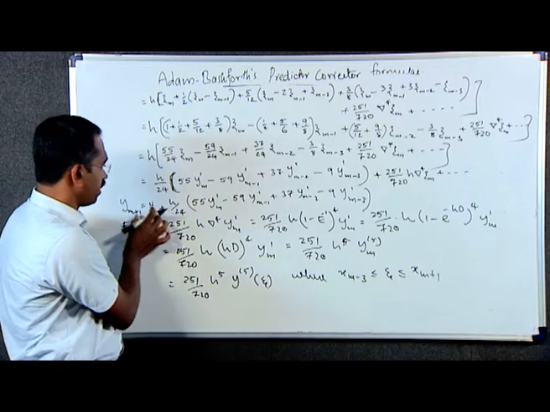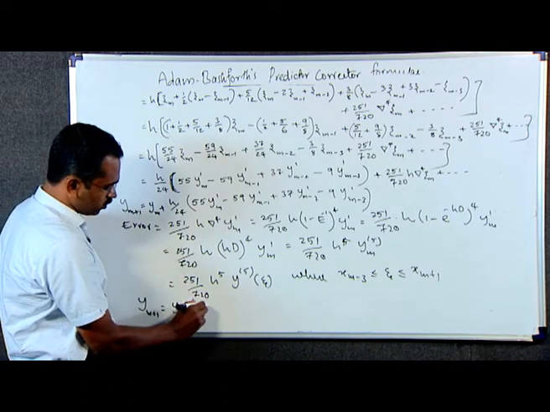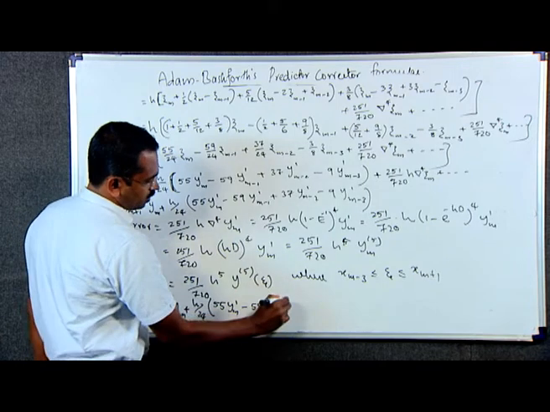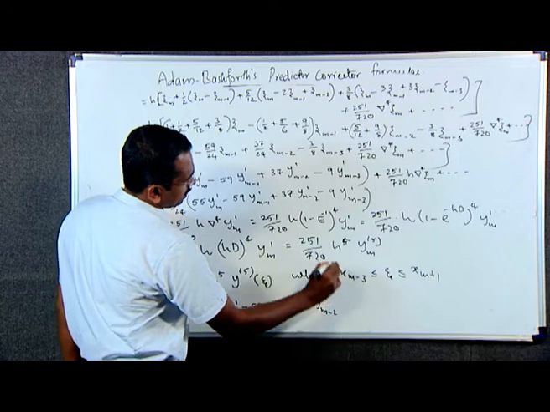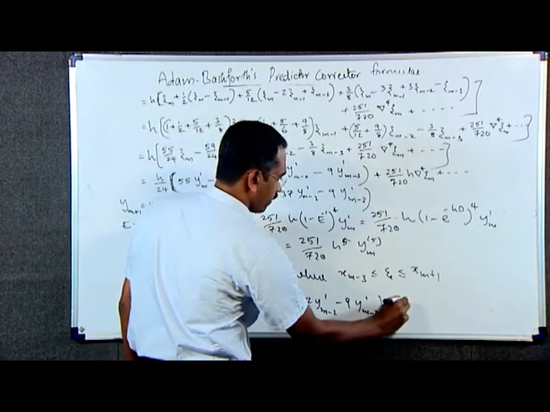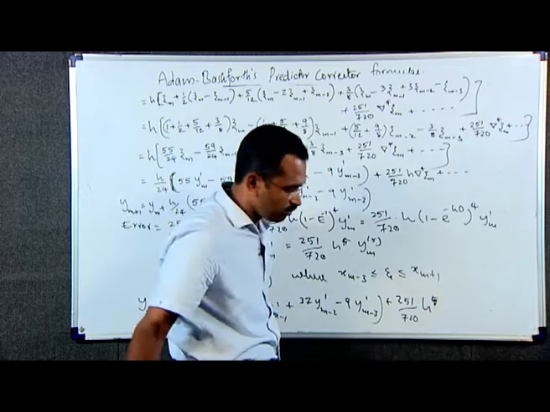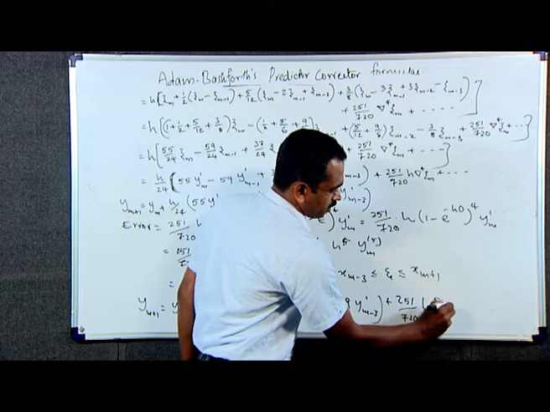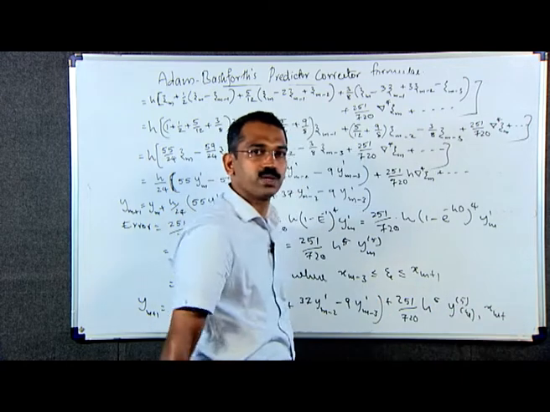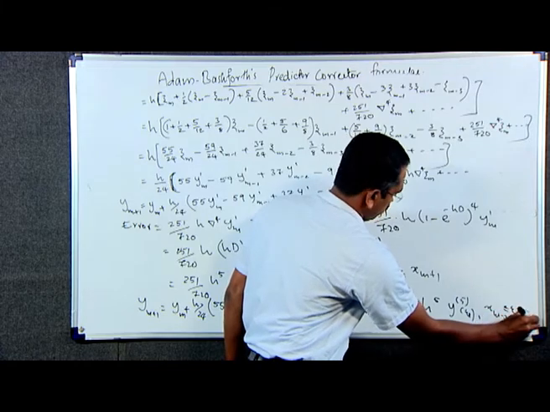Therefore, we can write ym plus 1 is equal to ym plus h by 24 into 55 ym dash minus 59 ym minus 1 dash plus 37 ym minus 2 dash minus 9 ym minus 3 dash plus 251 divided by 720 into h raised to 5 y5 epsilon. Y5 means the fourth derivative of y of epsilon, where epsilon lying between xm minus 3 and xm plus 1, xm minus 3 less than or equal to epsilon less than or equal to xm plus 1.